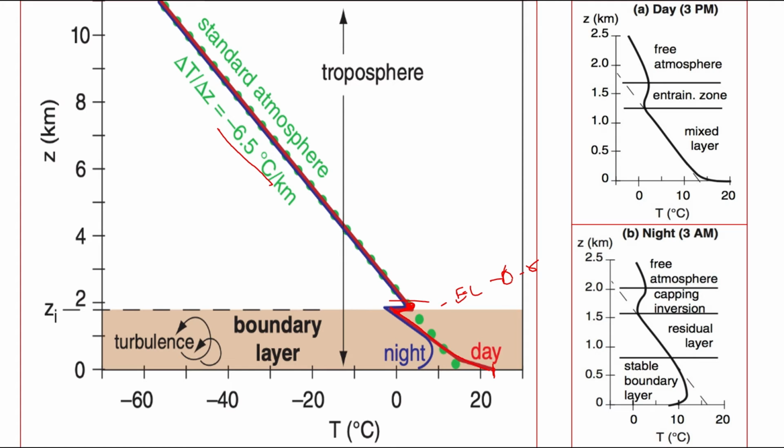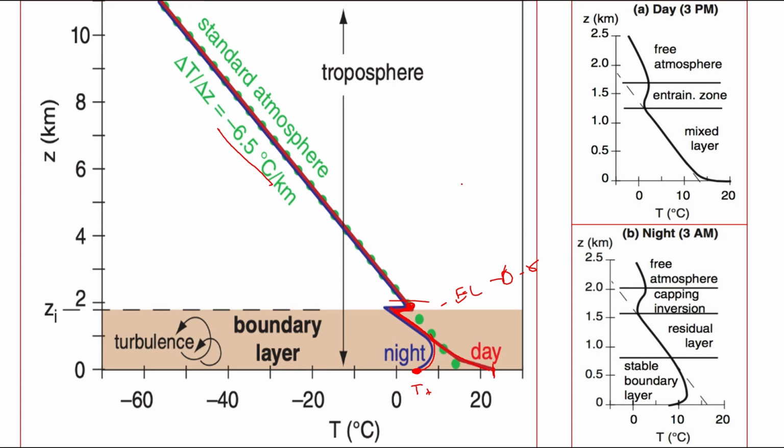This is for the daytime, but in the night time almost the same profile. At the bottom alone, surface temperature is dropped, so the temperature curve starts from here, then it is increasing, then it follows the same daytime temperature profile. This is how the temperature varies within the convective boundary layer and in the free atmospheric layer.